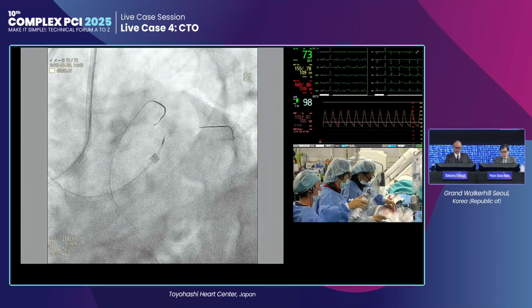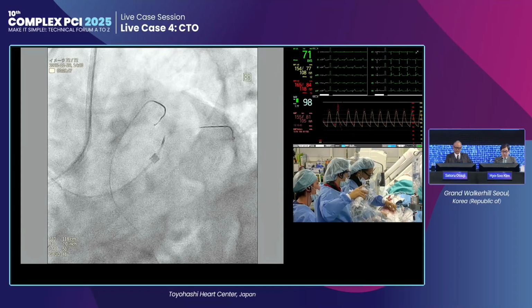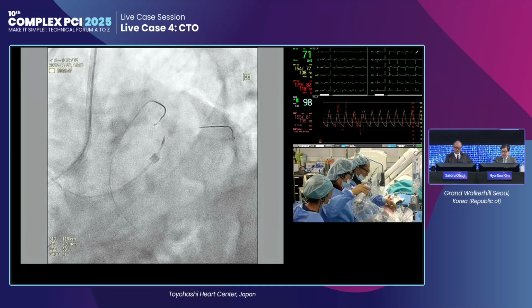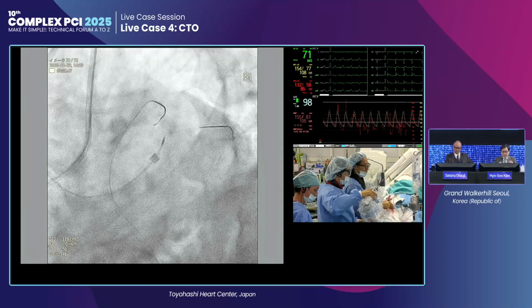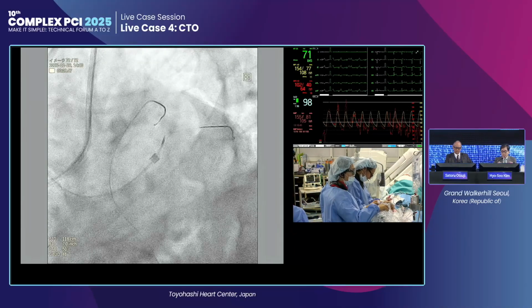Okay, what is your further plan to penetrate the short CTO segment? But the entry point is ambiguous with side branches on both sides.